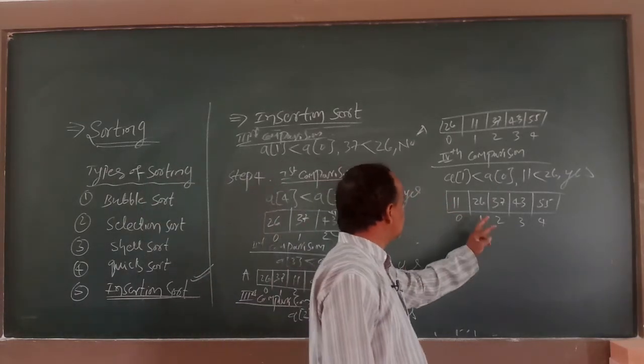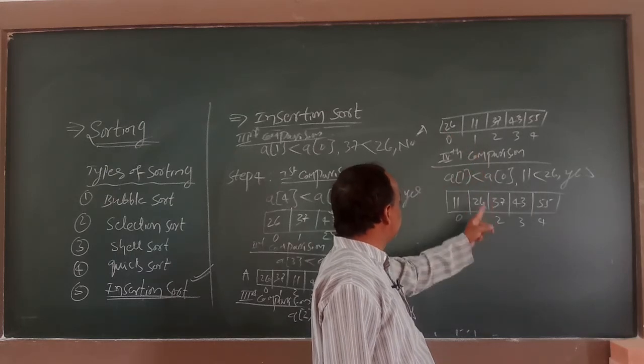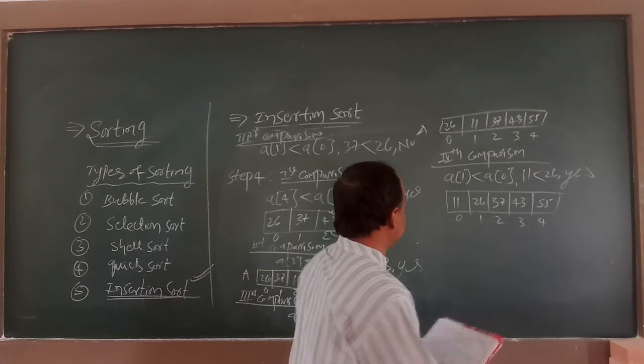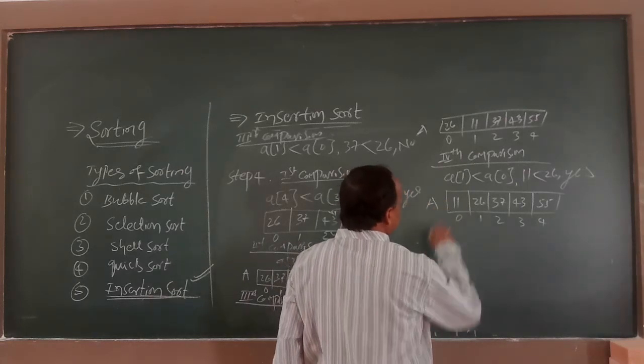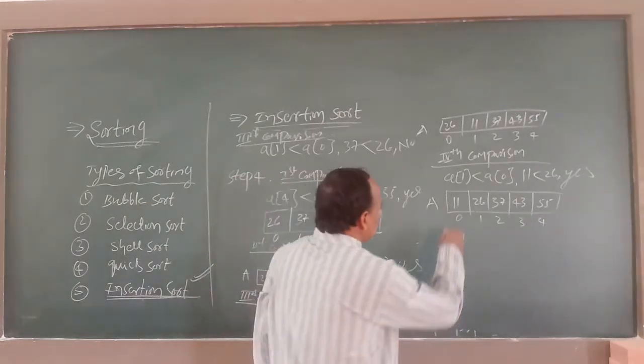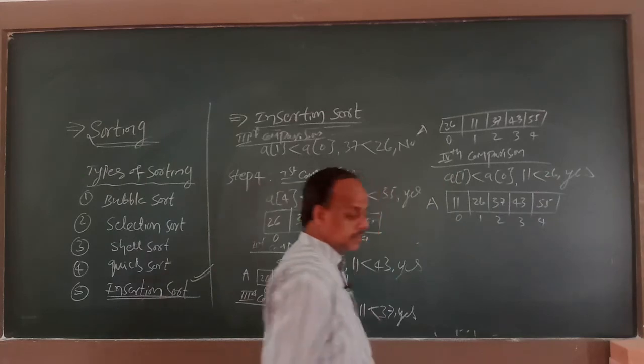Yes means we have to change A of 1 with A of 0, that is 11 comes in the A of 0 position, 26 comes in A of 1 position. Now see all the elements: 11, 26, 37, 43, 55.